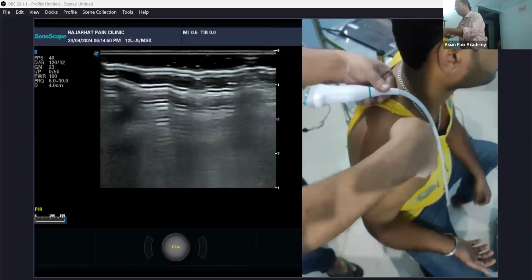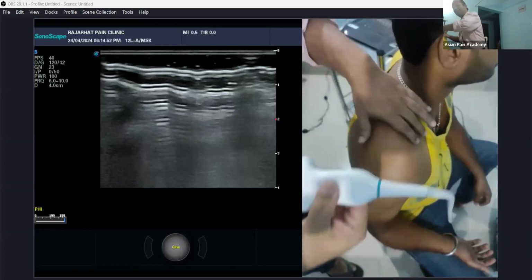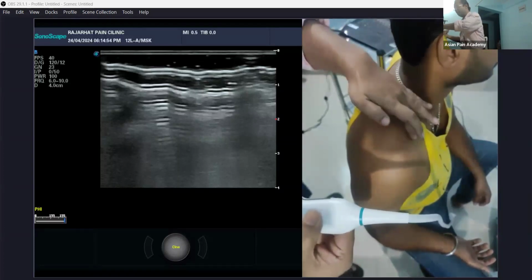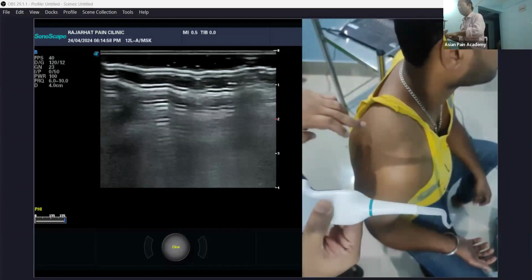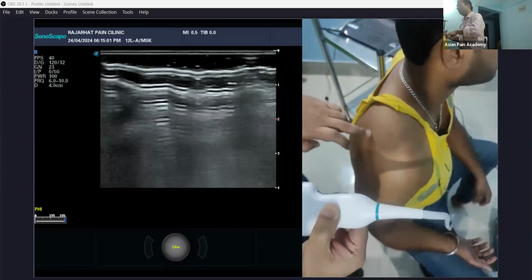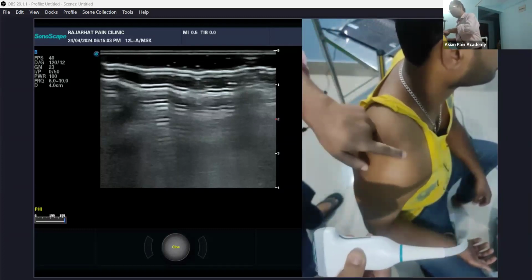We can palpate the clavicle. He has become very fat, but still this is the clavicle. This is the spine of scapula. Here this is the acromion.